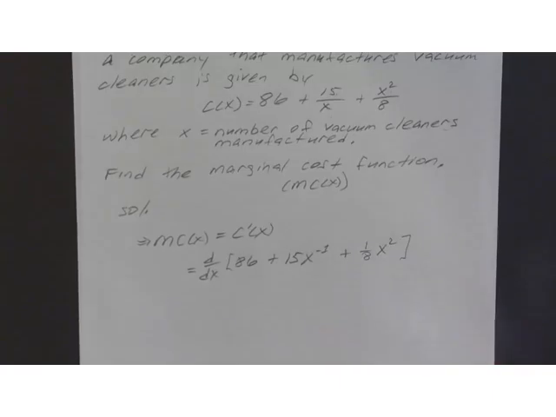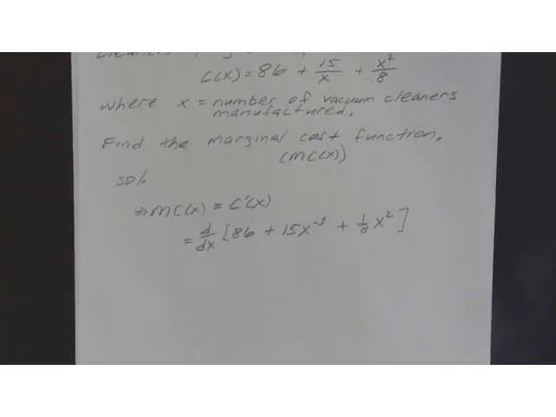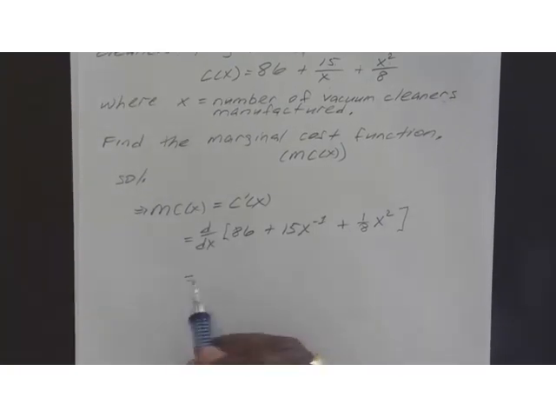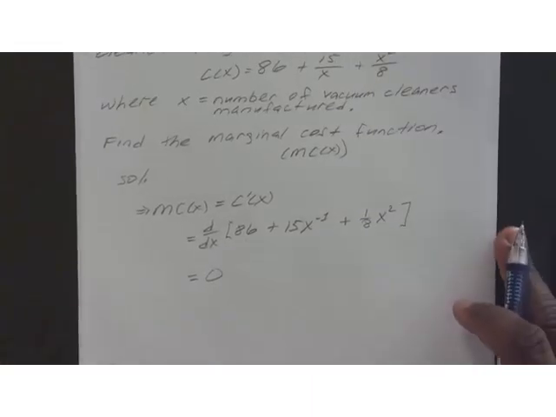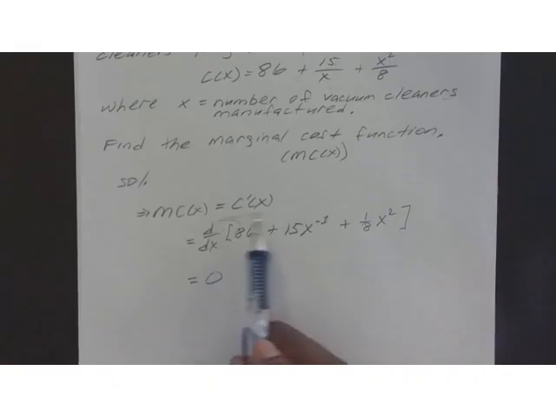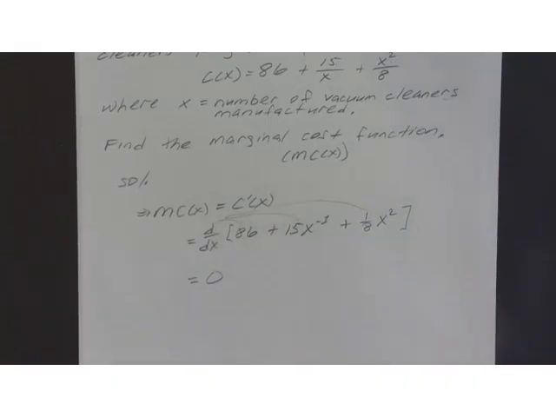Again, just to make it a little easier to deal with. Okay. Well, we know the derivative of a constant is 0. So that's just going to be 0. And again, we're just applying the derivative to each term.